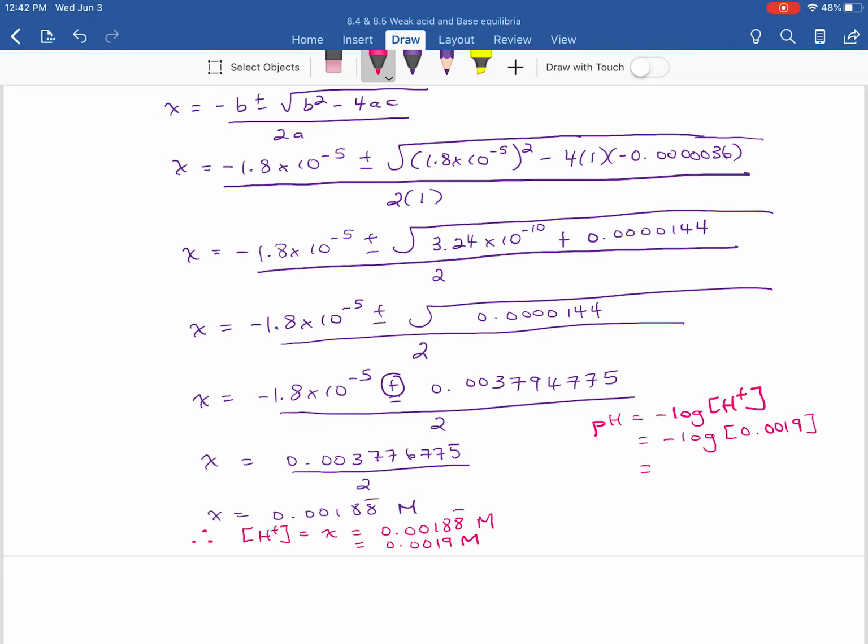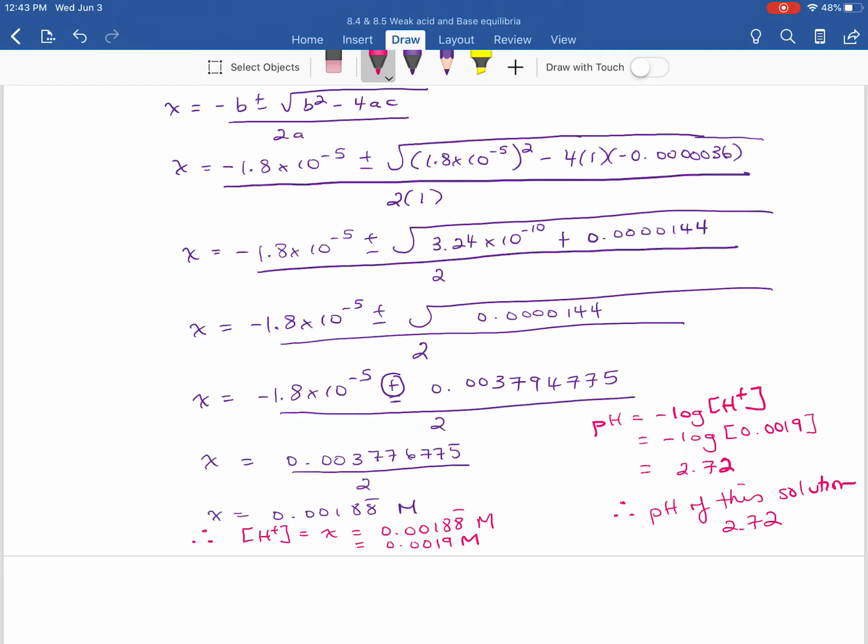When I take the negative log of this concentration in my calculator, I will get 2.72. Therefore, the pH of this solution is 2.72, which makes sense because it's an acid. If you got something over 7, you screwed up somewhere. Whew! Hope that worked out for you.